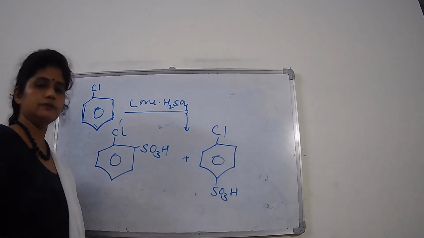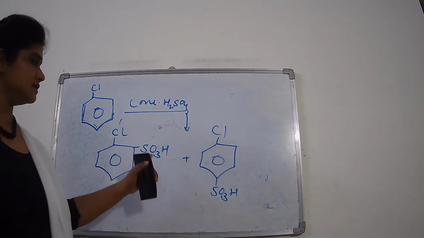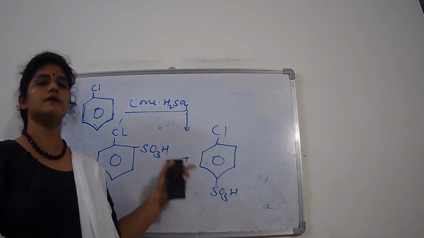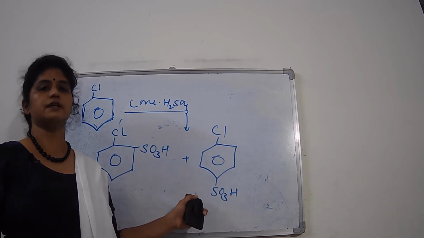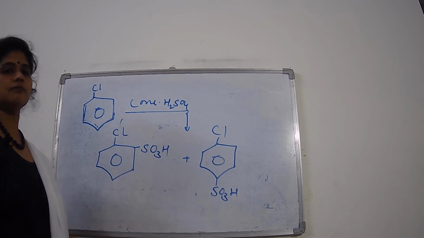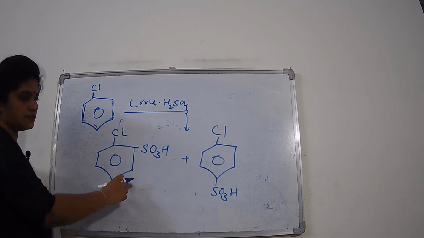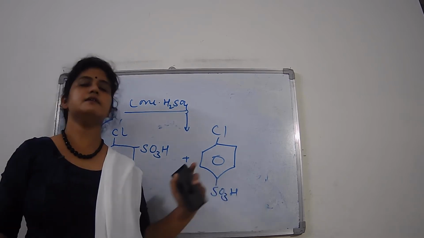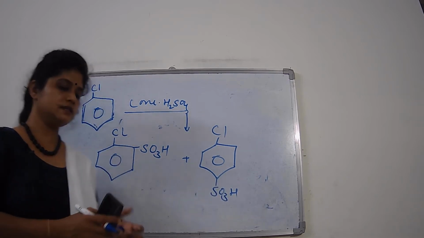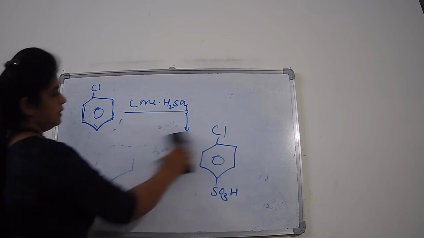You also know that whenever a sulfonic acid group is there, the name of the compound is always given by sulfonic acid. So we call it ortho-chlorobenzene sulfonic acid and para-chlorobenzene sulfonic acid. These are the products formed during sulfonation.